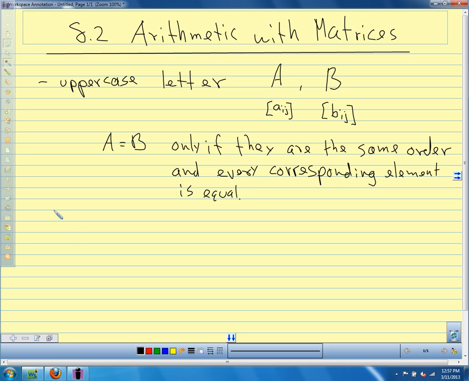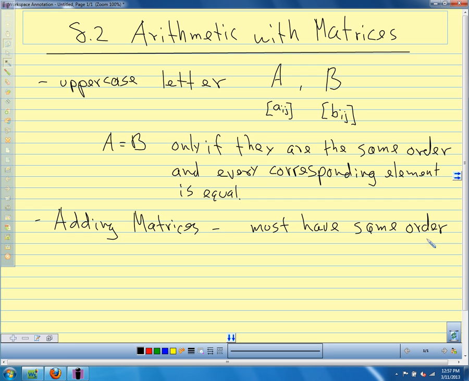So that's a pretty easy idea. Adding matrices. To add two matrices, again, they have to have the same order. So we can add a 2x2 matrix to another 2x2 matrix.